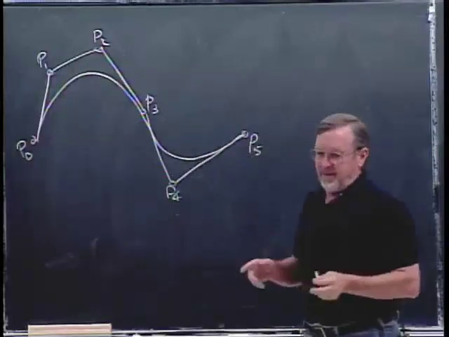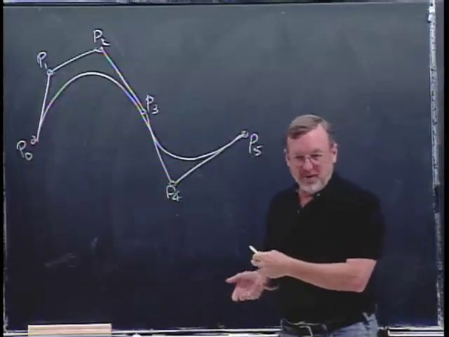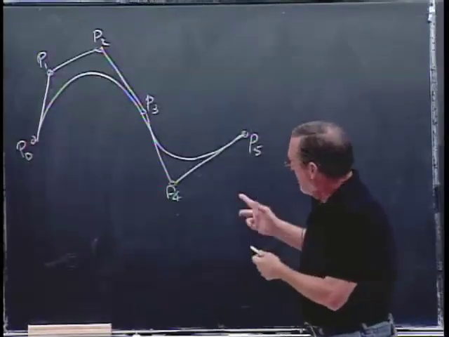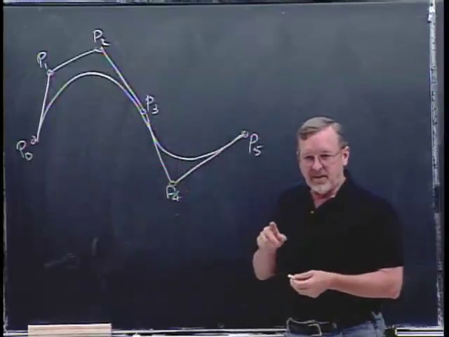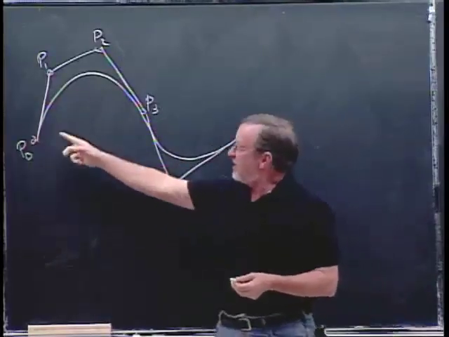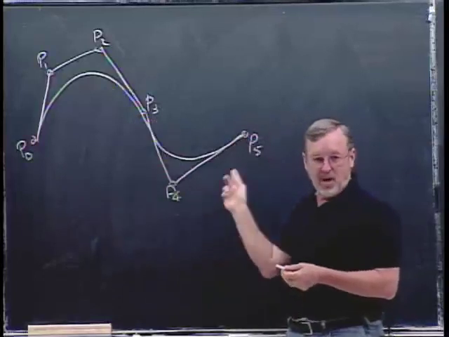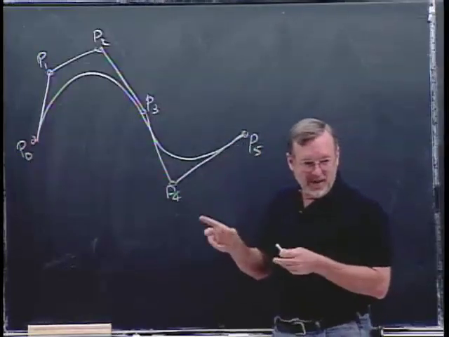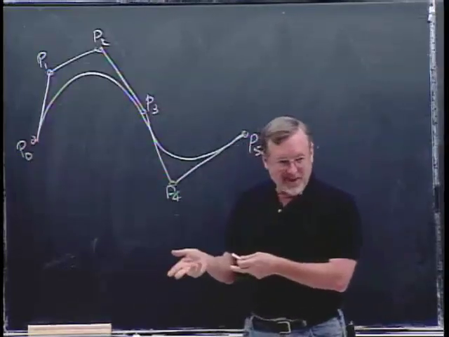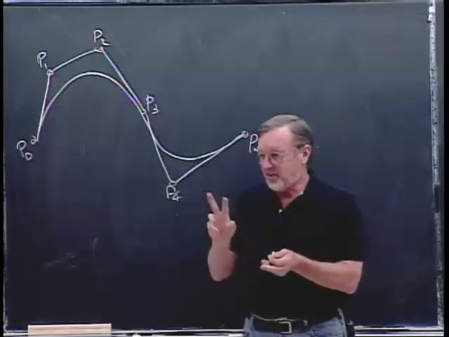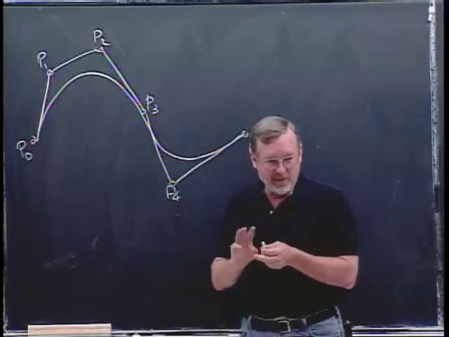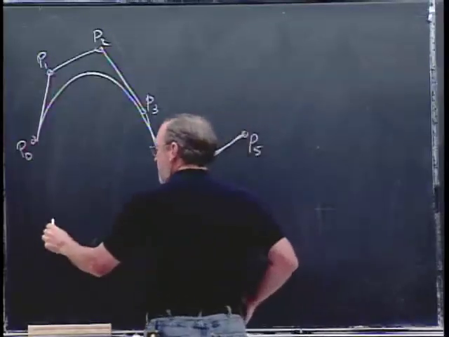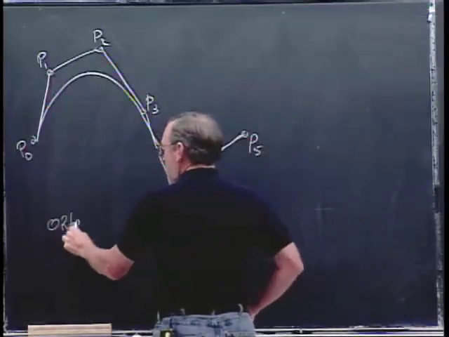And you have to give it a little bit of information as you do this, okay? You have to give it the set of control points. You have to give it the type of curve that you want to piece together, right? If it's quadratic, you want to tell it it's degree 2. If it's cubic, you want to say it's degree 3, etc. You have to tell it that. And people usually tell it by what we call the order.